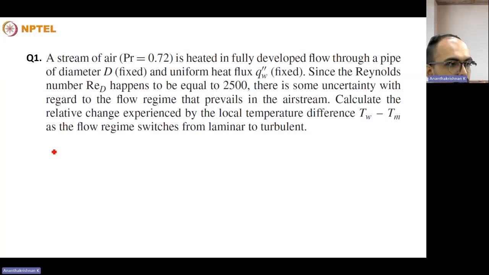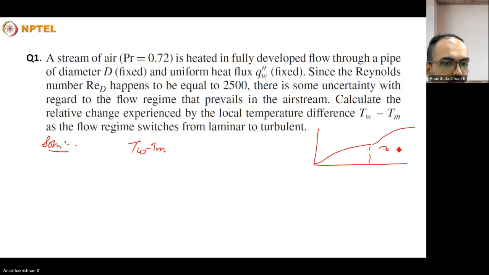So we can approach the problem in such a way. We actually need to find the ratio between T_W minus T_M. Before that, I'll just draw what happens. This is a laminar case, and then there will be a transition, and then it will move to the fully turbulent flow. So this is a transition case, laminar and turbulent.